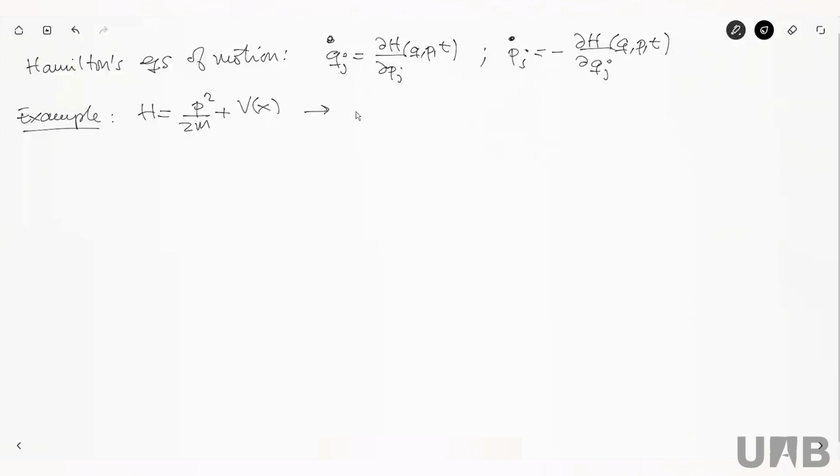You know that the velocity, which is x dot, is the derivative of H with respect to p, because that is p divided by m, and that's the velocity. And you also know that p dot, which is the force, is minus the derivative of the potential with respect to x, and that is the same as minus the derivative of the Hamiltonian with respect to x.